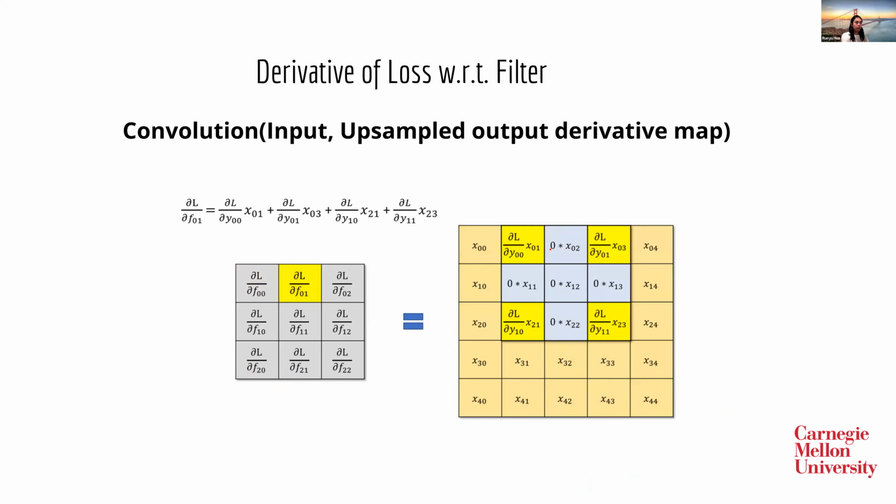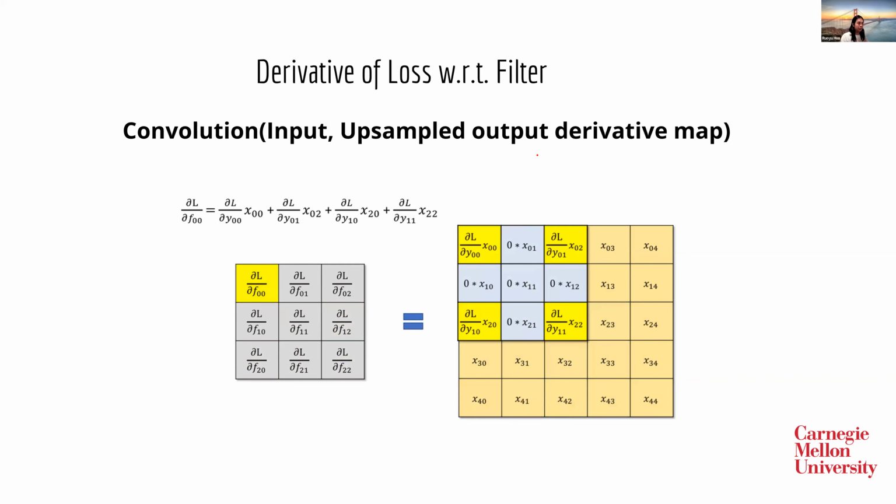So this affine derivative map is actually after the padding, because we are seeing these zeros here. This is the input map.